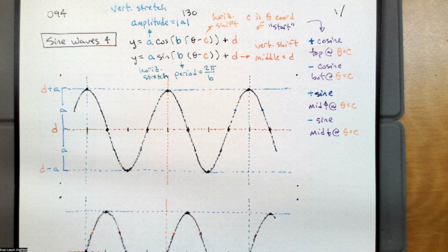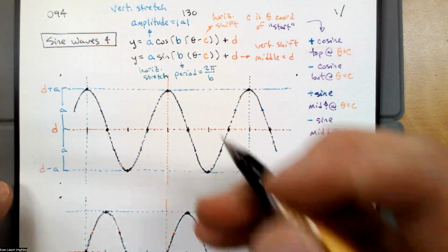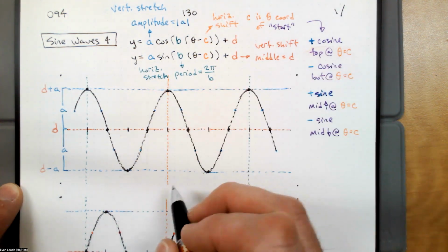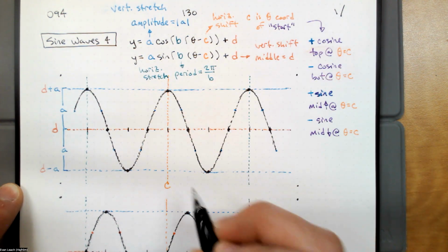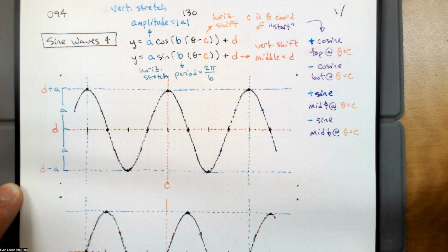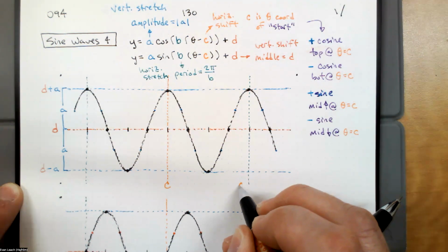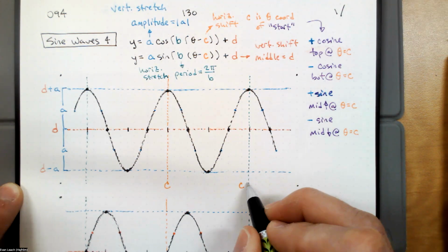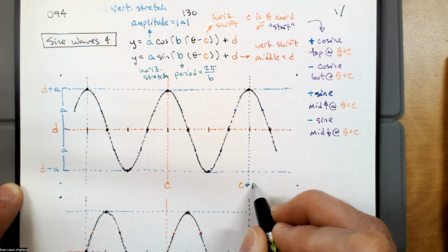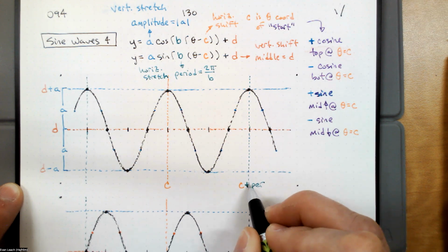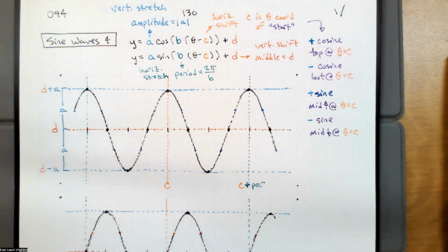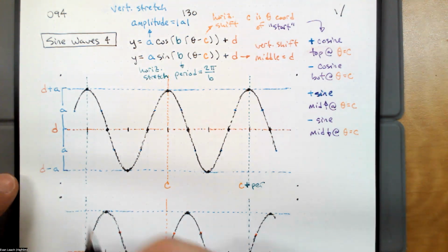If A is positive, at the top is where we're going to have C. And at the next top will be C plus the period. Before that would be C minus the period.